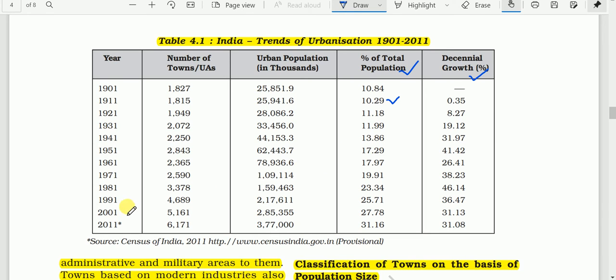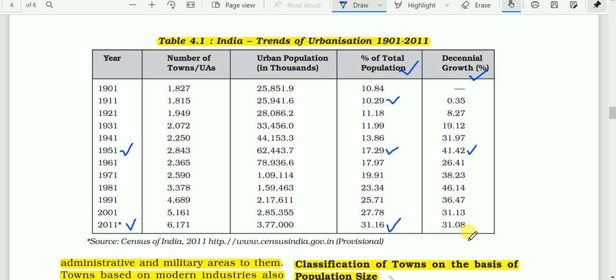And here, after independence, for example in 1951, the level of urbanization was only 17.29. However, the decennial growth rate was very high, say 41.42%. And now in the year 2011, the level of urbanization was 31.16.